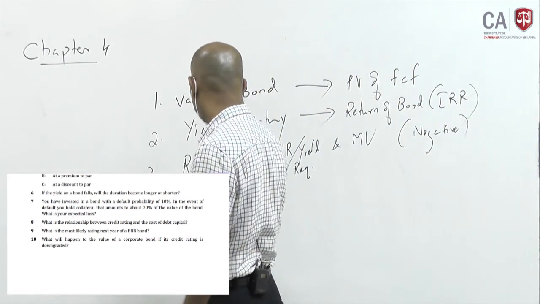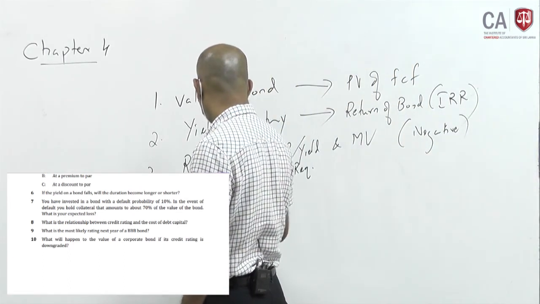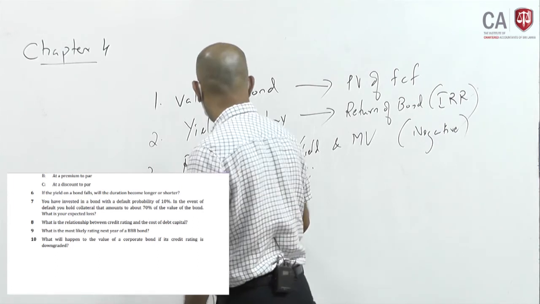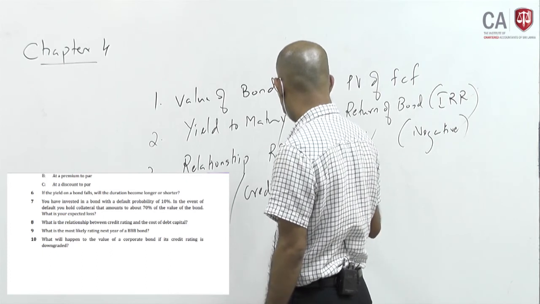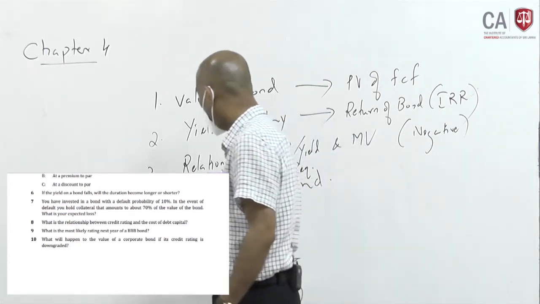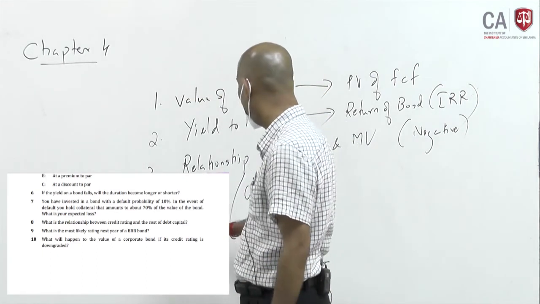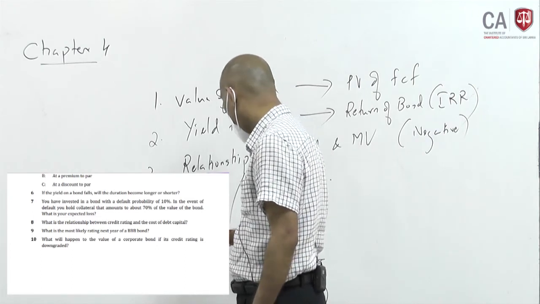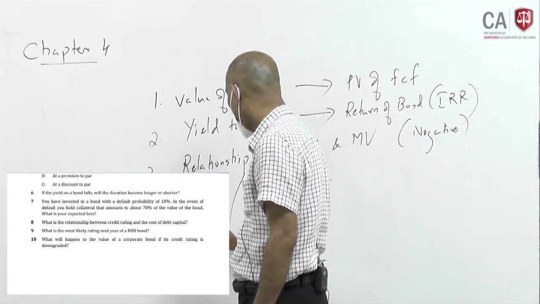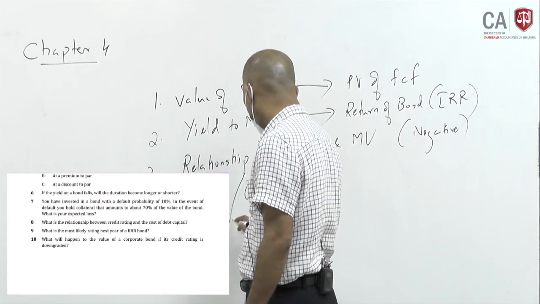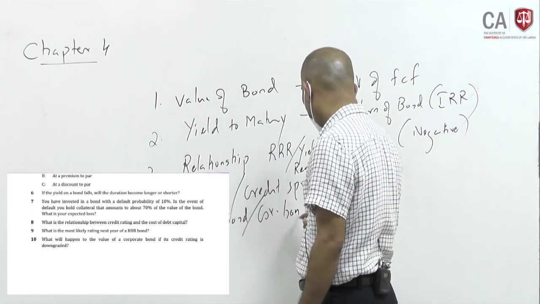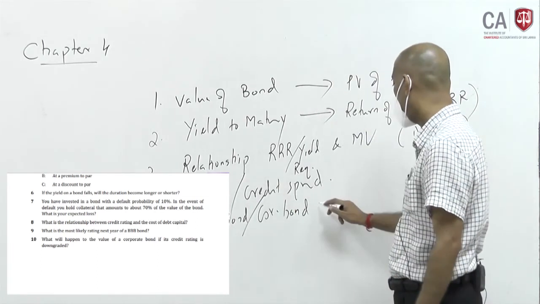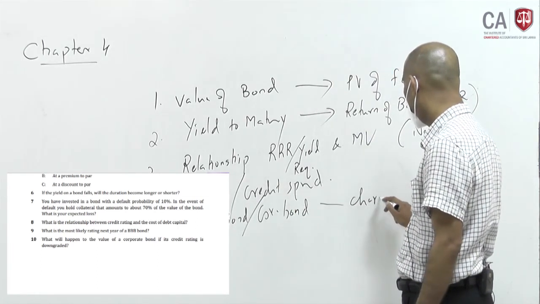Then we said the concept called duration and the credit spread. Fifth one, which is actually we started with, is the differentiation between government bond and corporate bond, the characteristics.